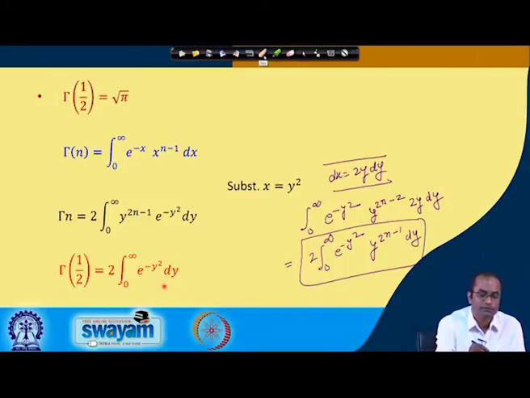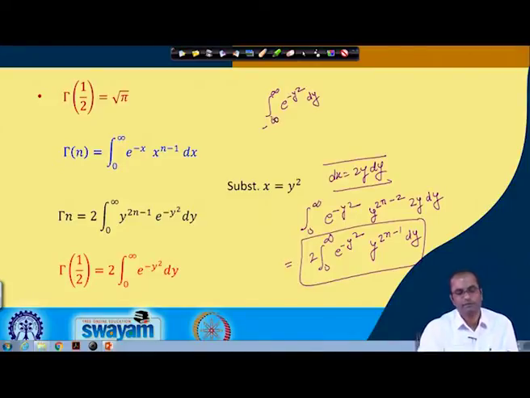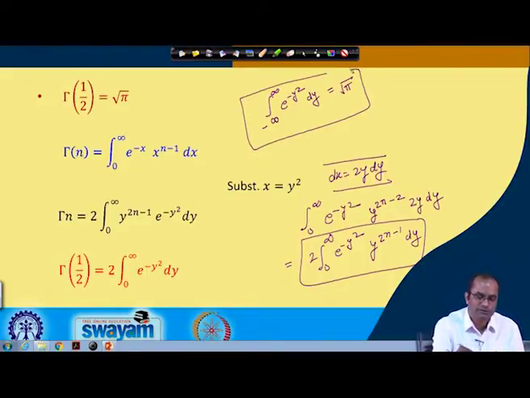The value of the integral from 0 to infinity of e power minus y square dy: in fact we will see later that the integral from minus infinity to plus infinity of e power minus y square comes to be square root pi. At present we will assume this, but it is a very useful integral, and it is better to also remember this value, square root pi.